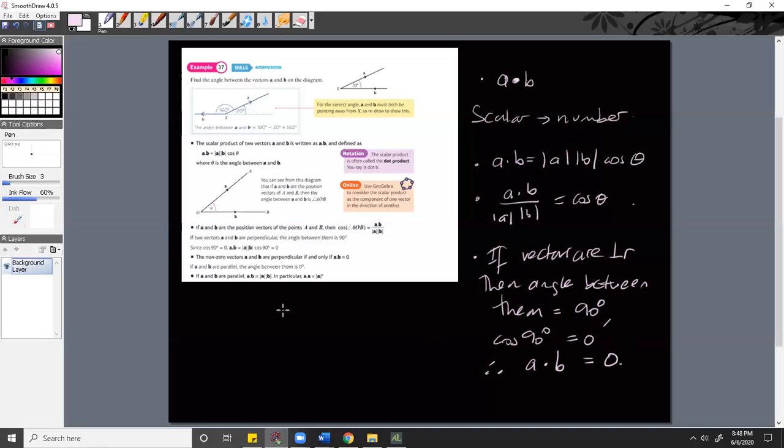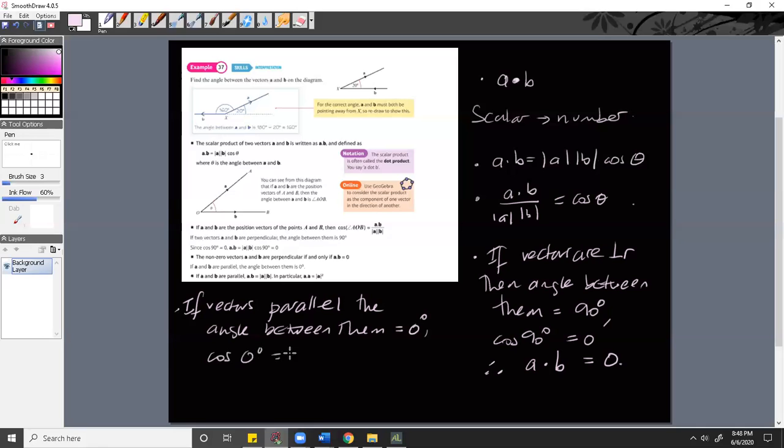If two vectors are parallel, well, basically, the angle between them is obviously going to be 0. And we also know that the cos of 0 is 1.